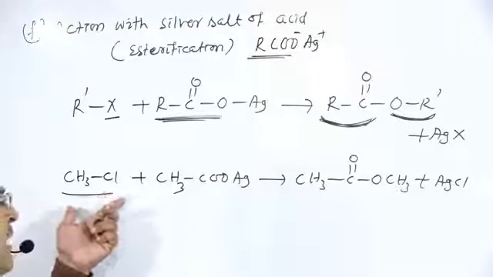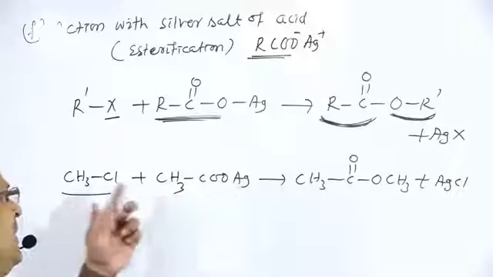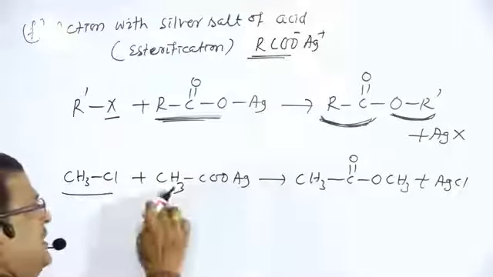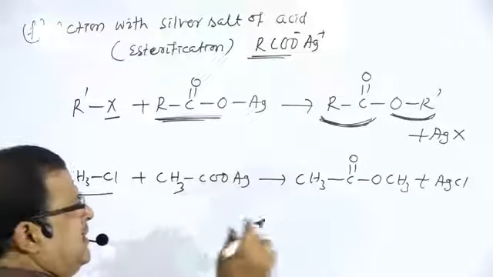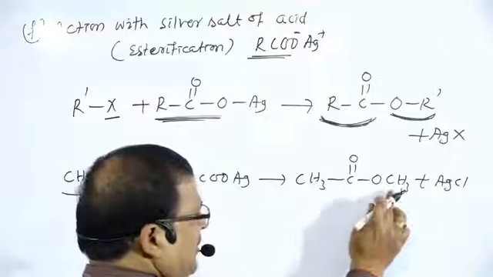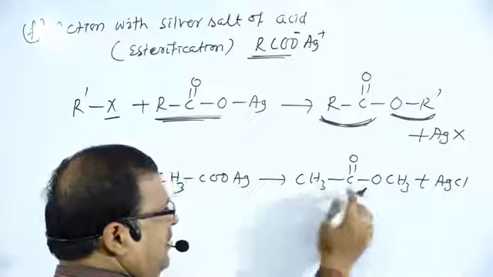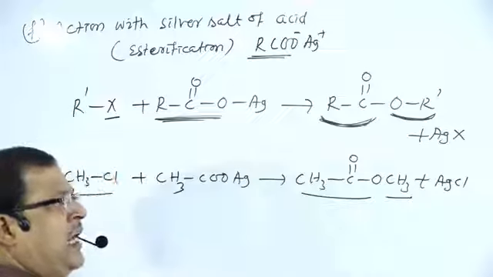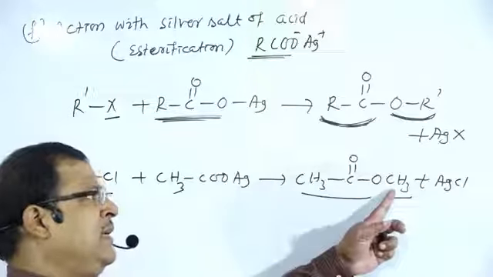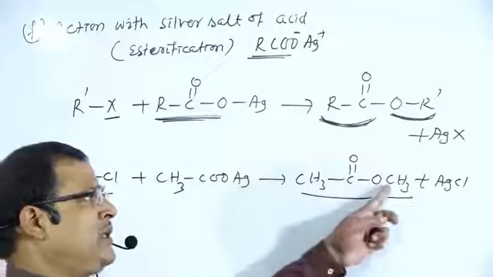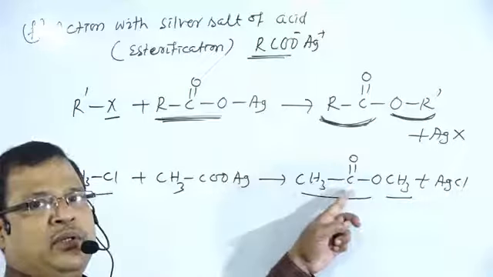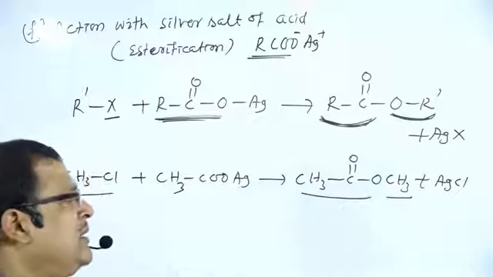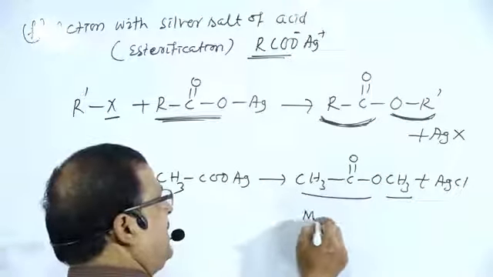The Cl part and Ag are removed in the form of AgCl. So there is the formation of CH3COOCH3, methyl acetate, the common name. The IUPAC name is methyl ethanoate, because the acid part contains two carbon atoms.